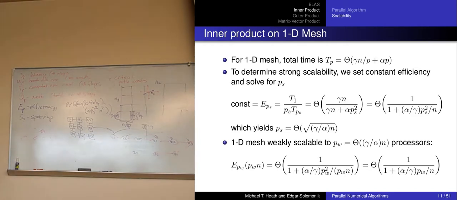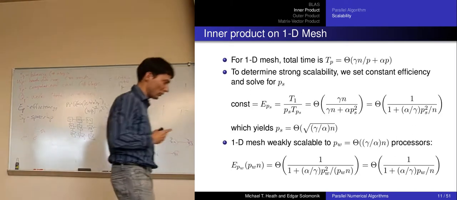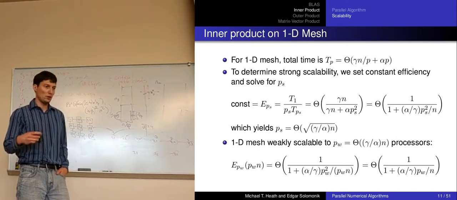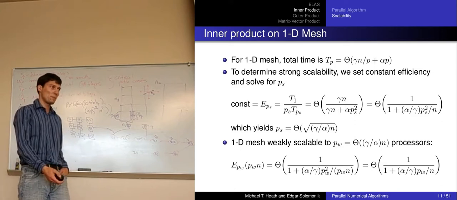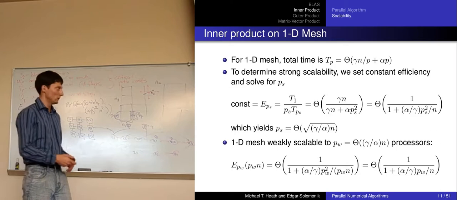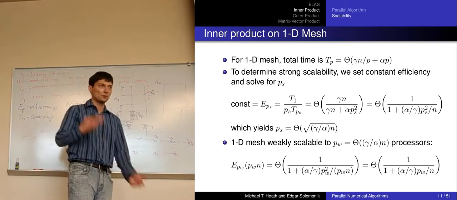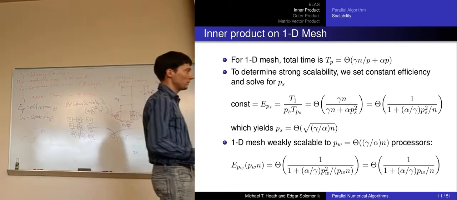Our latency overhead basically grows with the number of processors, while our local computation time decreases with the number of processors. So I think the square is coming from these two growths. So the gap is growing like a square, and so we get this square root dependence.